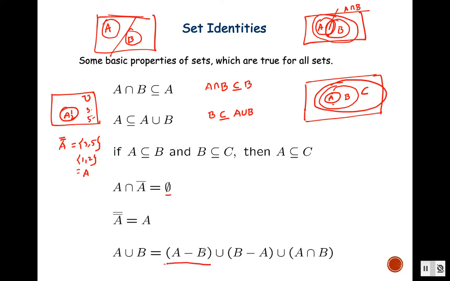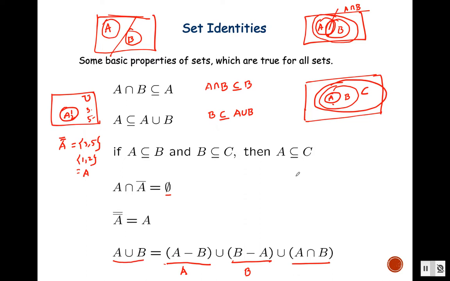A minus B means all the elements that are in A but not in B, so only in A. B minus A means all the elements that are only in B, not in A. And A intersection B means all the elements that are in both A and B. Altogether they construct the elements that are either in A or B, which is A union B.